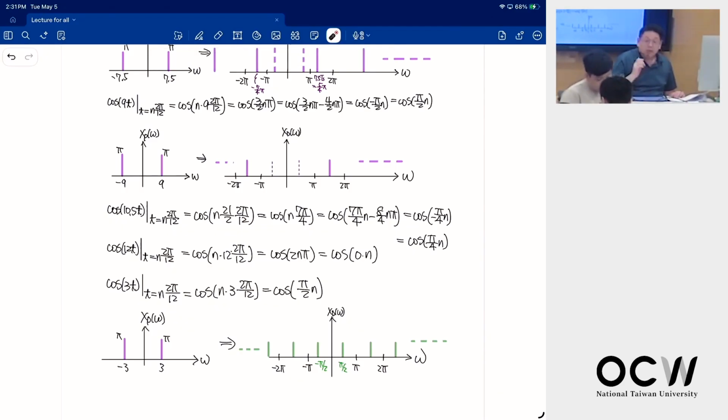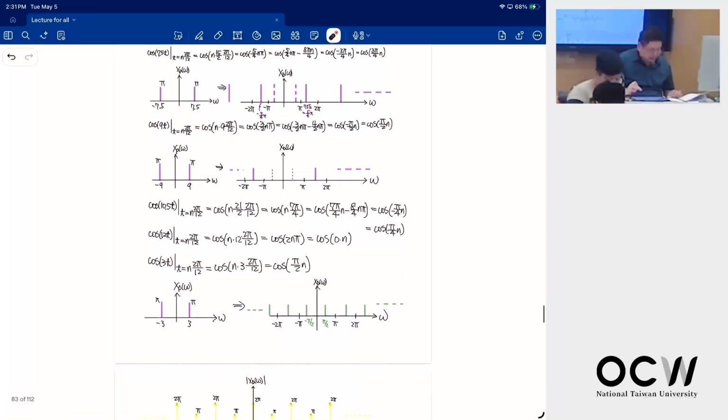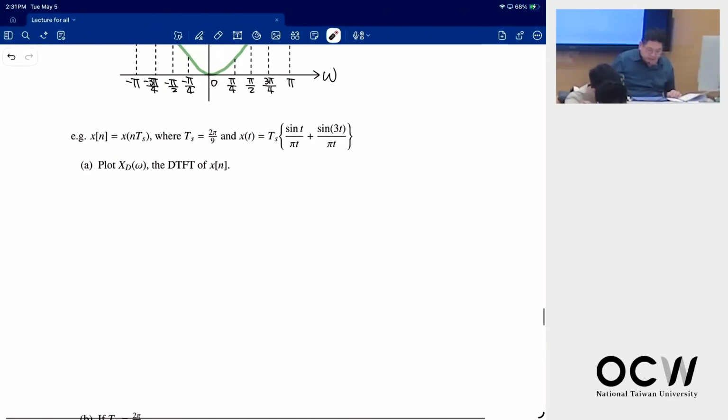All right, if you don't have any questions about this one, let's see another example. My sampling period will be 2 pi over 9, and my signal is this one.